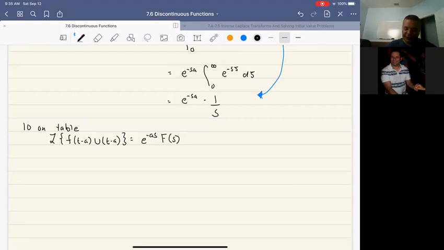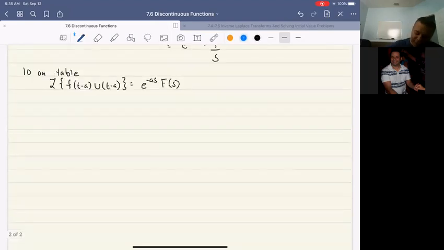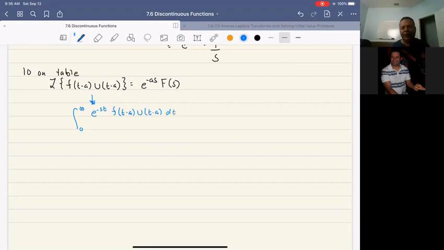All right, so let's take this. This is the integral from 0 to infinity of e to the negative st, f of t minus a, u of t minus a dt. And now we're going to do that same trick that we just did. So we're going to let tau equal t minus a.